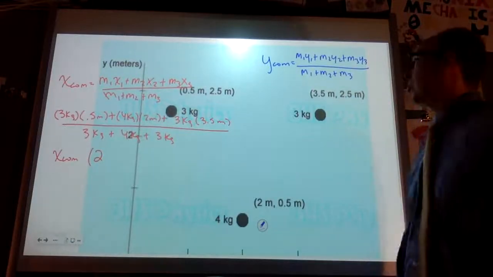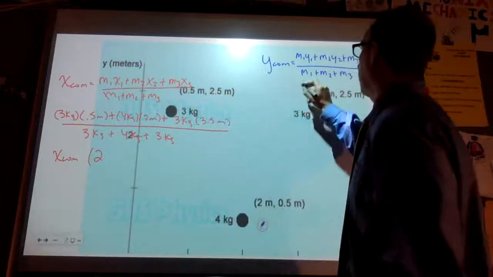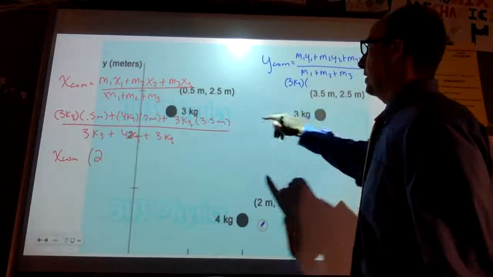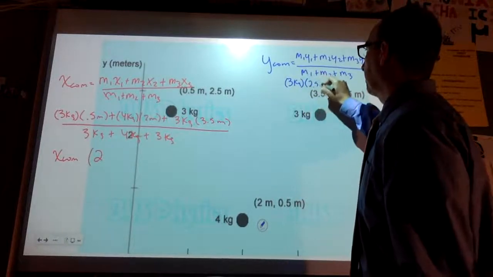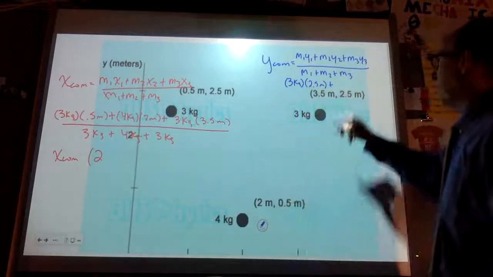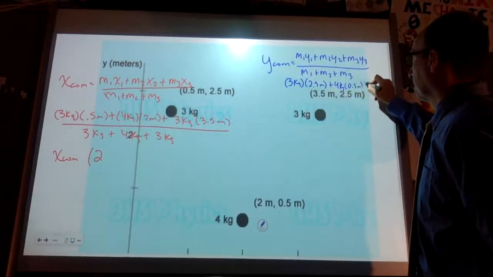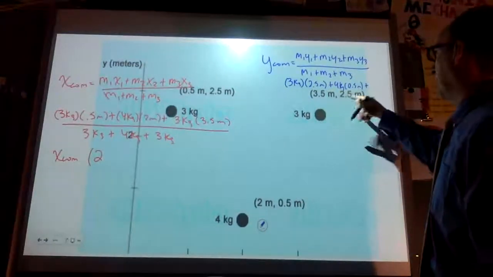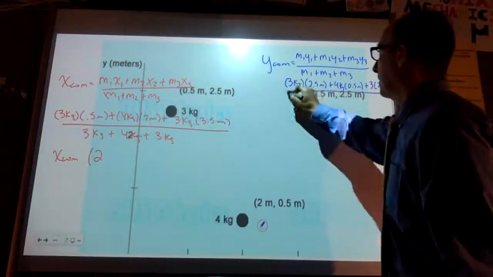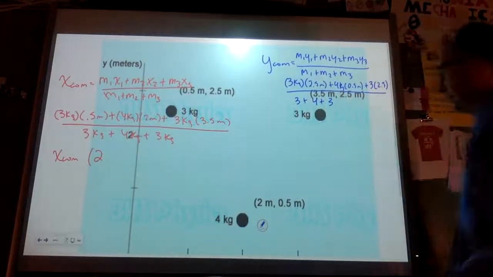So M1 was 3, so I have 3 kilograms, and it is located at 2.5 meters. I have 4 kilograms located at 0.5 meters. And finally, I have 3 kilograms located at 2.5. And then that's going to be divided by 3 plus 4 plus 3.